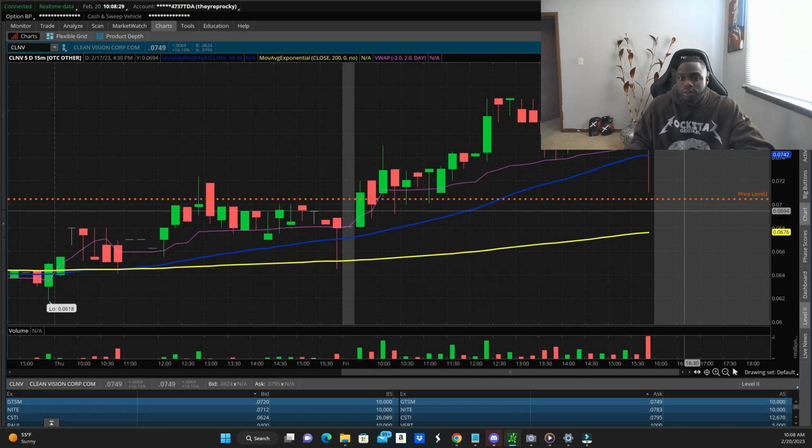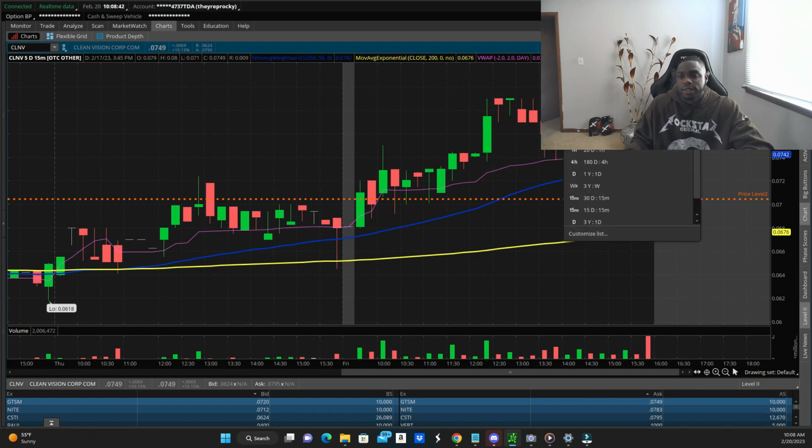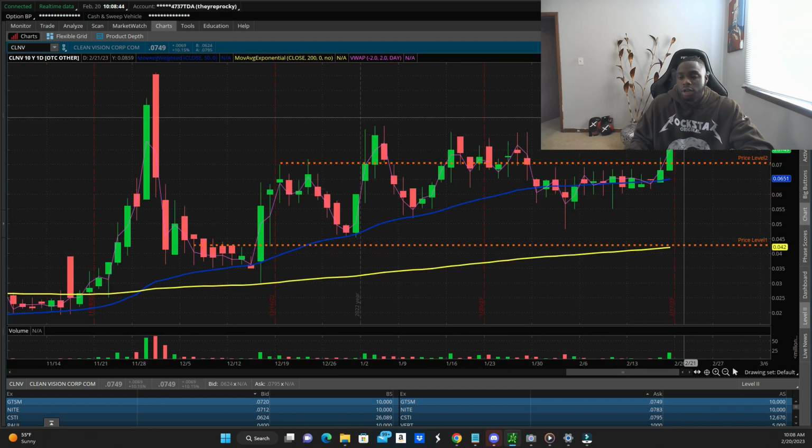What I'm risking is this 0.073 area right around here where it kind of broke over this base. If it gets below, then I'll cut and take the loss, but I'm hoping for continued momentum to get past 10. I'm hoping for maybe a red day on Tuesday, then Wednesday we start ramping up again.